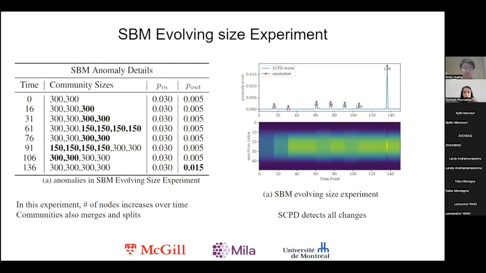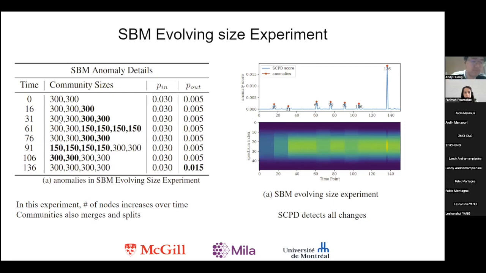Okay, so in this experiment, what I call the evolving size experiment, we have a dynamic graph that grows over time. Again, we're using the SBM model, but the number of nodes would increase, and the nodes would form new communities.